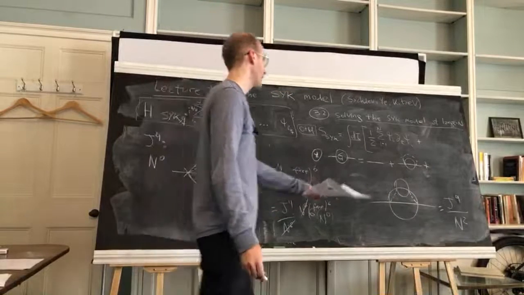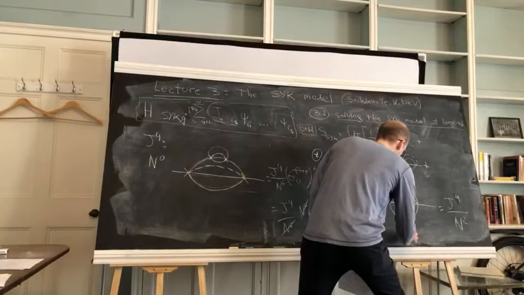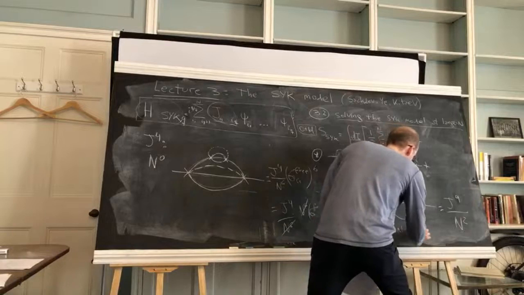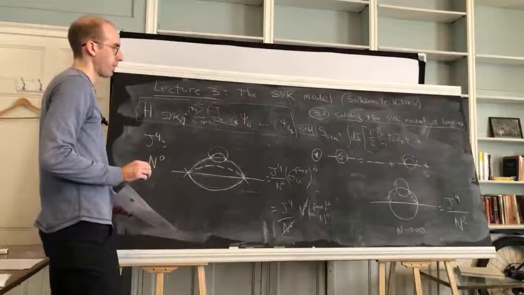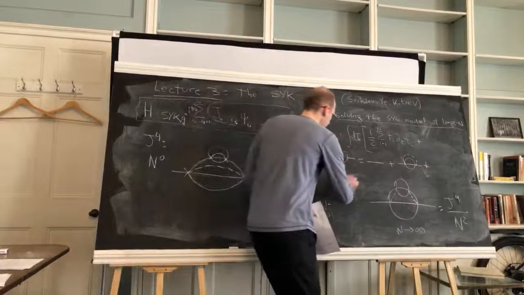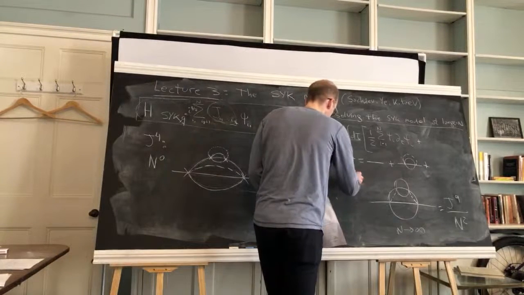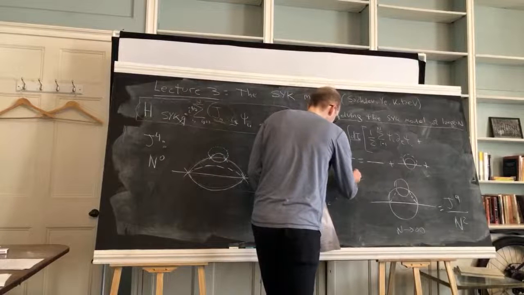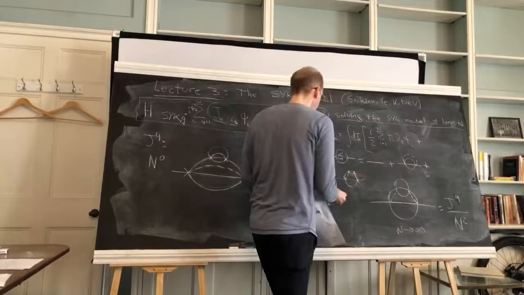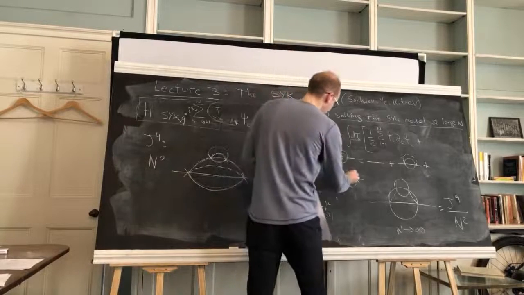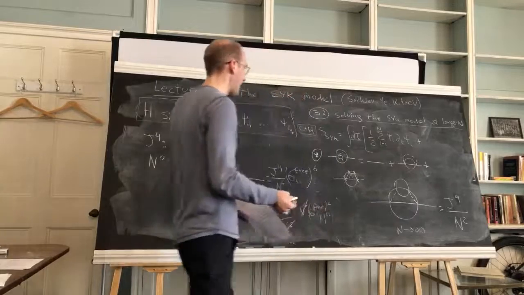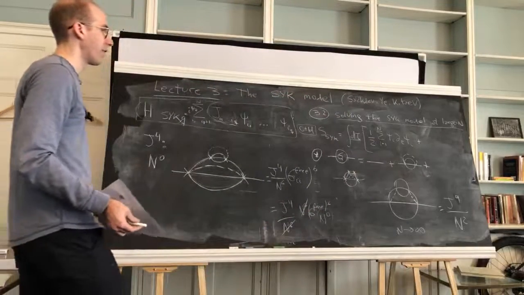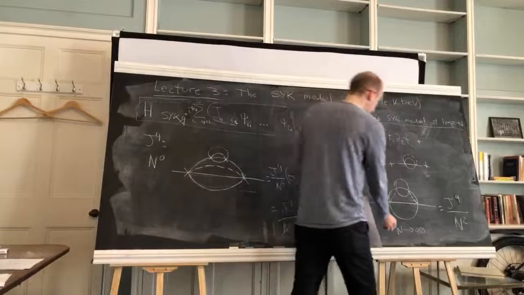So the contribution of this diagram goes to 0 as n goes to infinity. You can think of many other diagrams with 4 vertices, with the disorder running over here, and they are all suppressed in the n going to infinity limit.